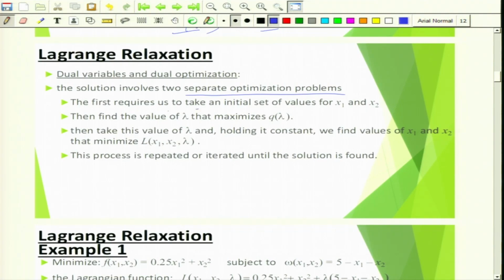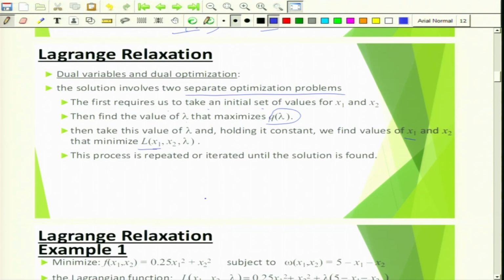The first requires us to take an initial set of values for x1 and x2 and then find the value of lambda that maximizes q of lambda. The q of lambda is the dual function, and then take this value of lambda and holding it constant we find values of x1 and x2 that minimize the Lagrangian function L of x1, x2, comma lambda.